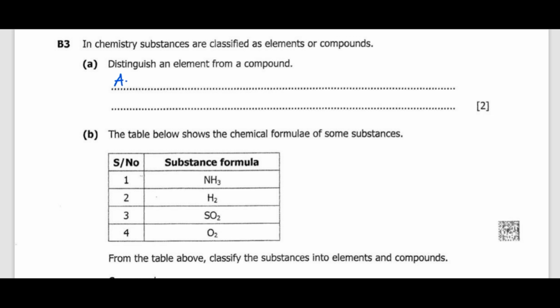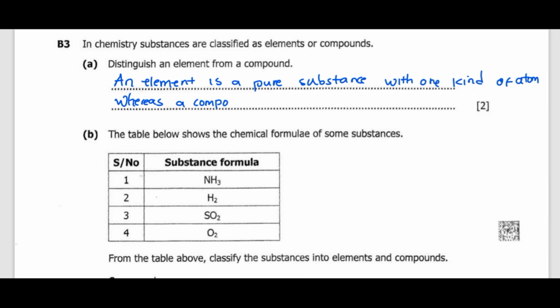So say an element is a pure substance with one kind of atom, whereas a compound is a substance with two or more elements that are chemically combined.